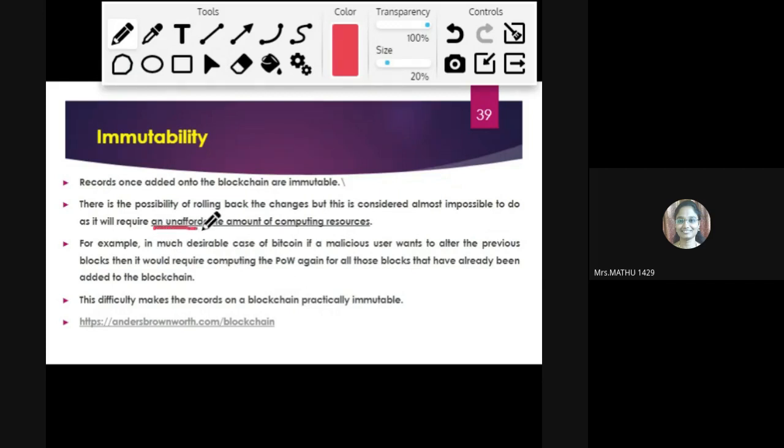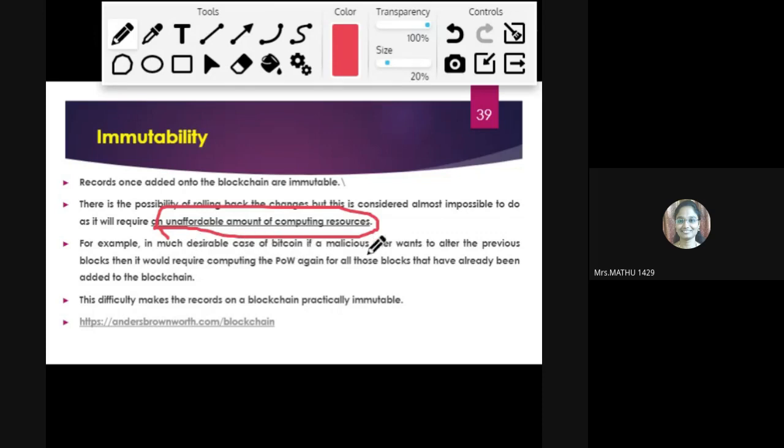It is an unaffordable amount of computing resource involved in doing that rolling back. You can do the changes, but the cost is unimaginable. That keeps the hackers and malicious users from doing that.